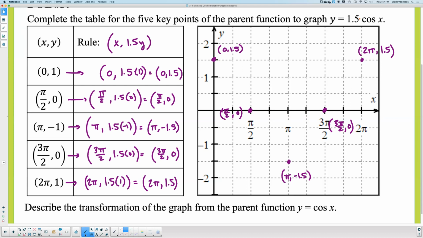Connect these. Again, as best you can, make yours curved, because it is a cosine curve. It's not a line. It's not a set of V's or anything like that, or a W or anything. It's a curve. What type of transformation did we say this was?